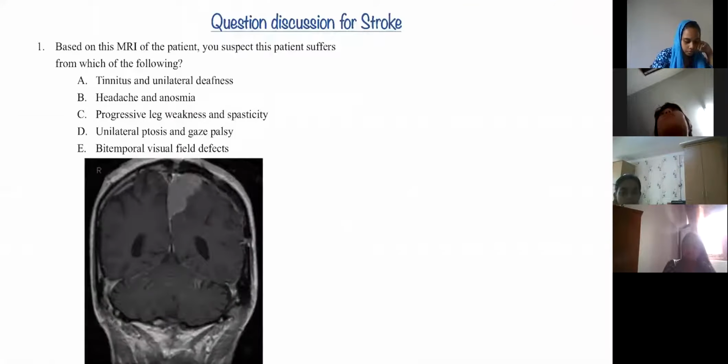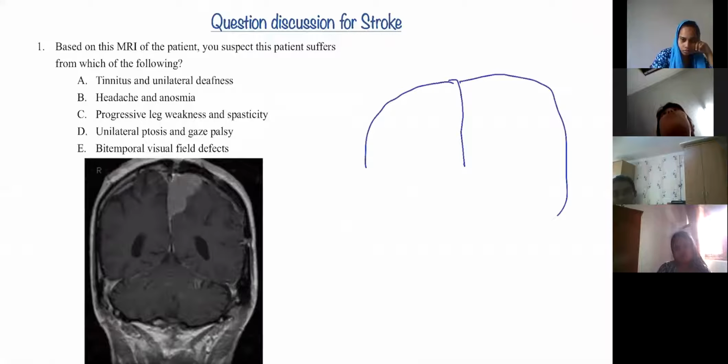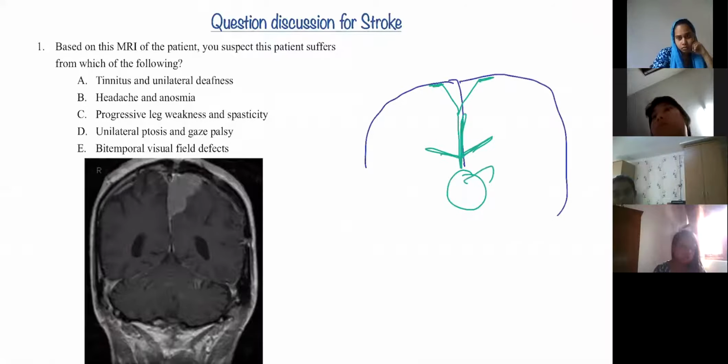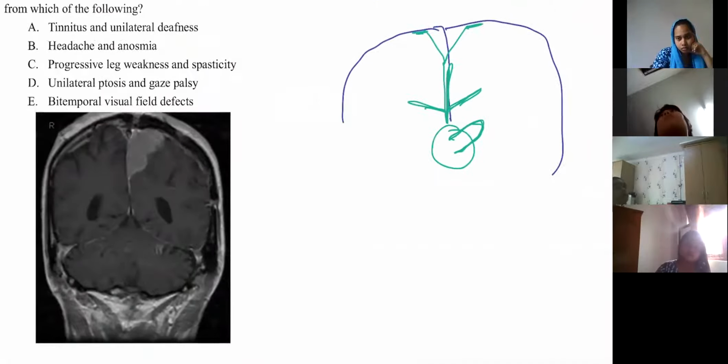Okay, so basically think of it like this. Our body is controlled like this. Okay, sensation and motor. This is just a shortcut when it comes to answering these kind of question.